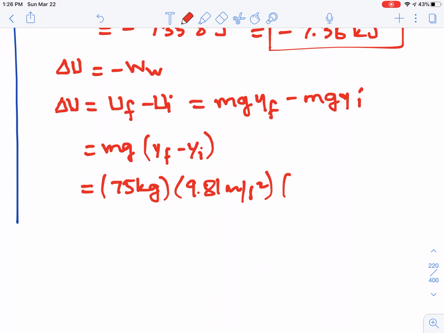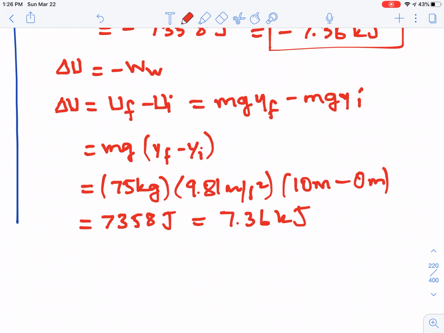Final is going to be 10 meters, right? So 10 meters is y final. Initial is 0 meters. And what do you get out of this? The same thing, of course, and that should be positive in this case: 7,358 joules, or 7.36 kilojoules, right? And again, this is delta U.